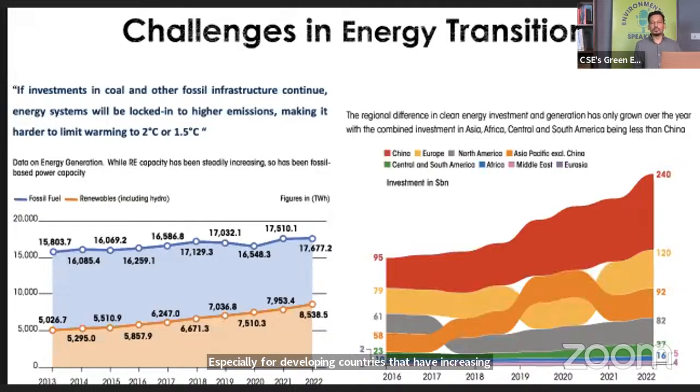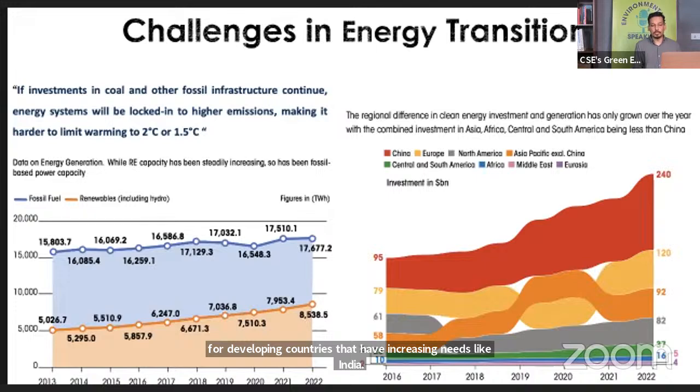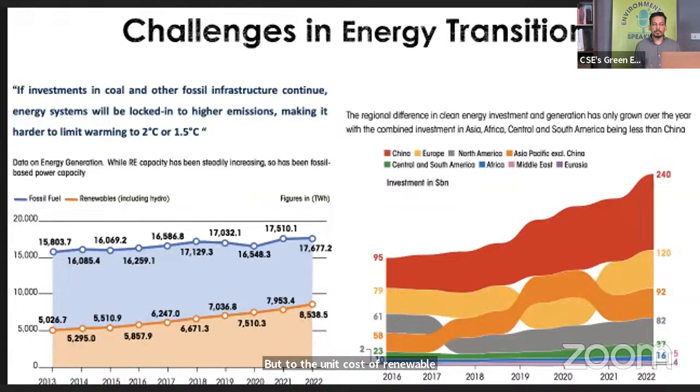For two, the unit cost of renewable energy deployment has fallen. So we see that renewable energy has been scaled up very quickly, but we also see that fossil fuel capacity is also increasing. So renewable energy scale up in itself does not mean anything for climate if it is not complemented with simultaneous fossil fuel phase down.